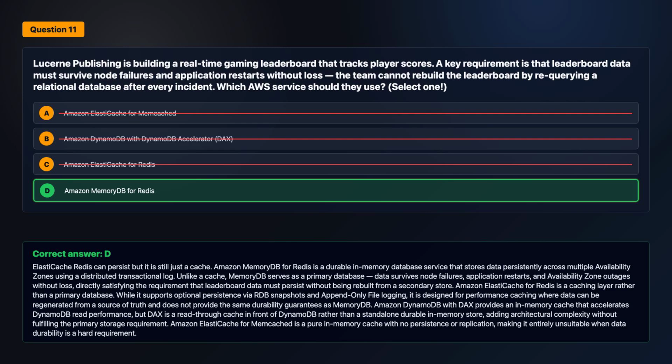Amazon DynamoDB with DAX provides an in-memory cache that accelerates DynamoDB read performance, but DAX is a read-through cache in front of DynamoDB rather than a standalone durable in-memory store, adding architectural complexity without fulfilling the primary storage requirement. Amazon ElastiCache for Memcached is a pure in-memory cache with no persistence or replication, making it entirely unsuitable when data durability is a hard requirement.